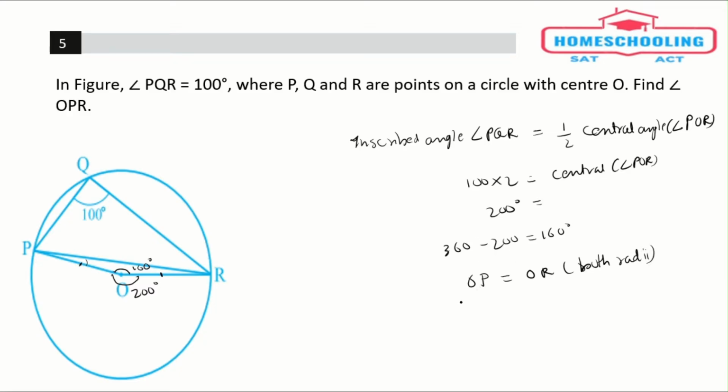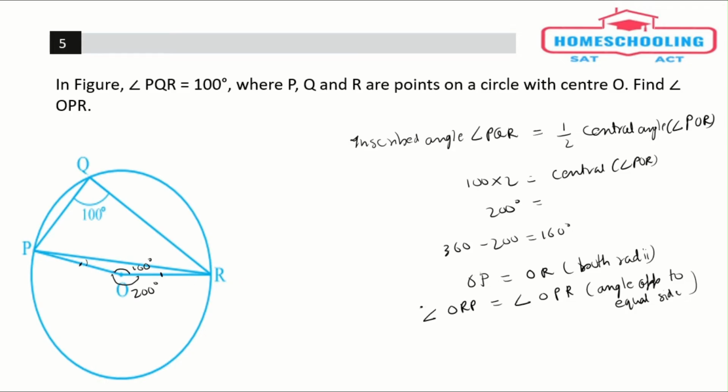So the opposite angles, angle ORP, is equal to angle OPR, because angles opposite to equal sides are always equal.